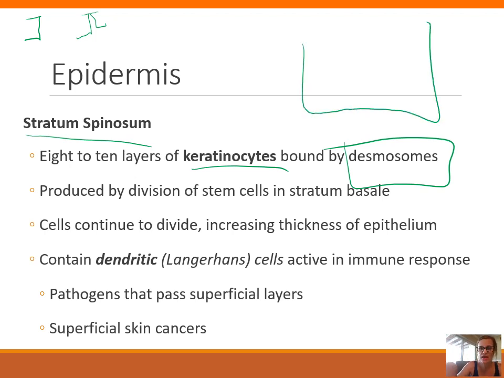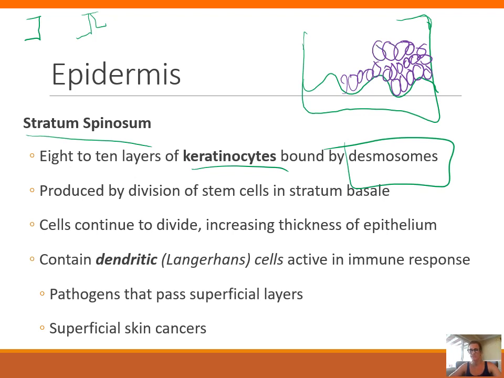So when we look at the skin, I'm going to draw the epidermis really big so that we can see this, but here's my curvy line, right? My basement membrane. And I have basal cells on the bottom, and those basal cells divide and divide and divide, and they make more cells that they push up, right? And that gives us these keratinocytes that are up here in the stratum spinosum.